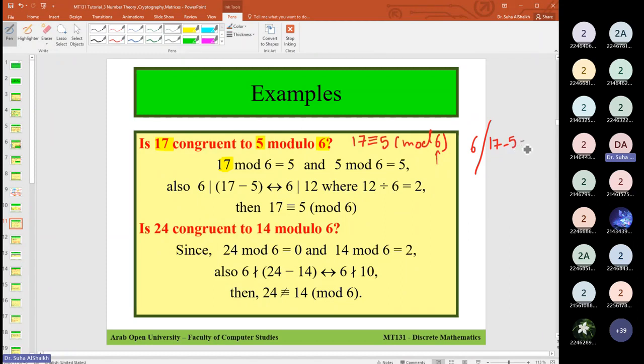The difference is 15. Sorry, 12 I mean. The difference between 17 and 5 is 12. And yes, it's correct, 6 is dividing the 12, because 12 over 6 is equal to 2. You got it? Are you with me?